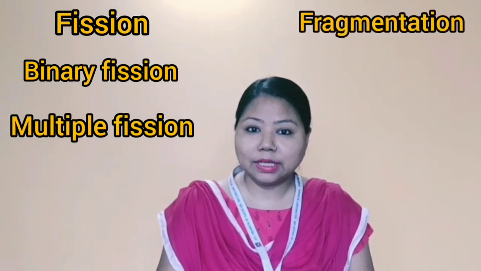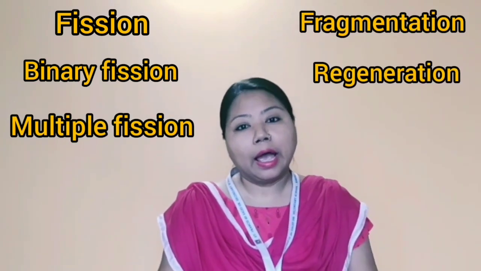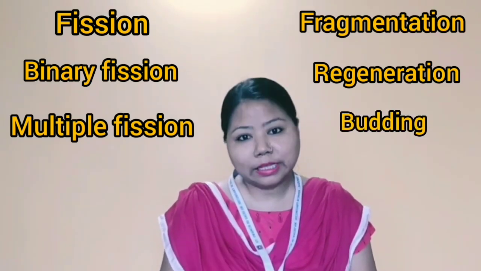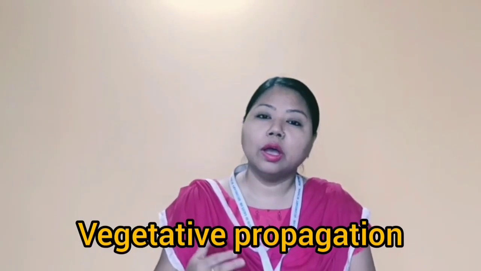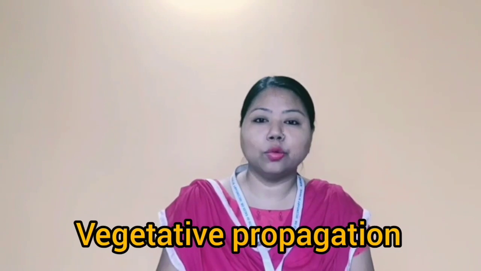Yes, so the different asexual reproductions are fission, binary fission, then multiple fission, fragmentation, regeneration and budding. Apart from these types, vegetative propagation is also an asexual reproduction. We will be discussing all these types in detail. But in this class, we will only be discussing fission, then fragmentation, regeneration and budding.